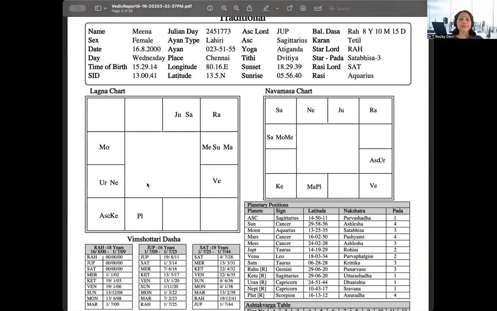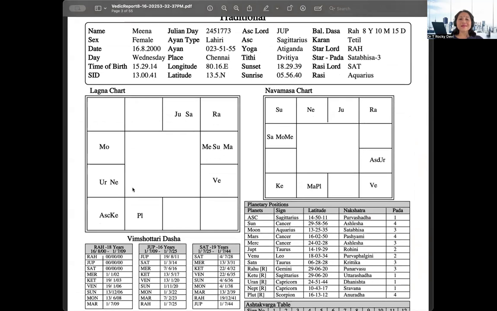This is the lagna chart, and from this lagna chart we are going to find what your Rasi is and what your lagna is. There is a slight difference between the Rasi and lagna, which I'll discuss later. First we'll try to identify how to know your chart.